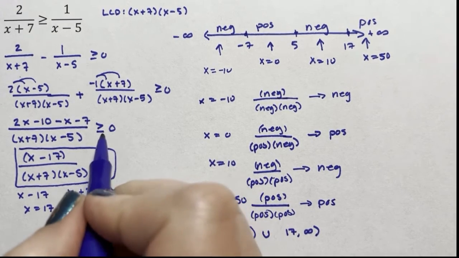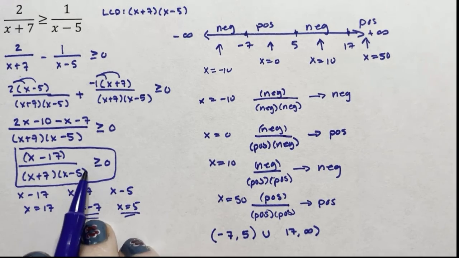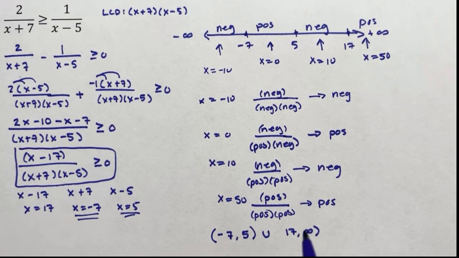But because this inequality has an equal sign, we can equal the 17. So we will put a bracket at the 17 because we can equal that. The denominator we cannot equal, it is outside of the domain. But the numerator we can equal because we can equal 0. So one bracket in this whole kit and caboodle.